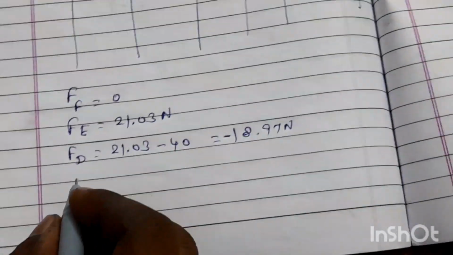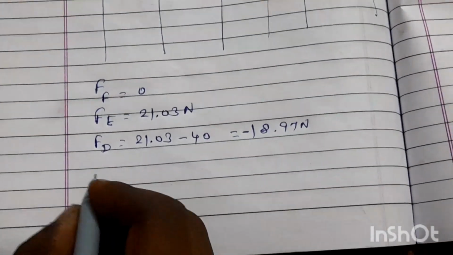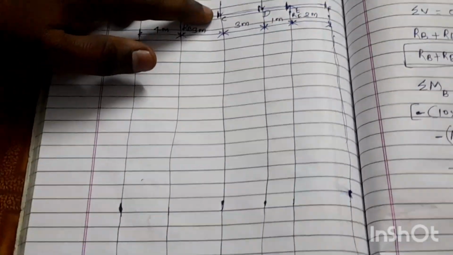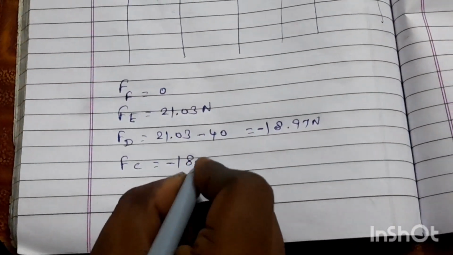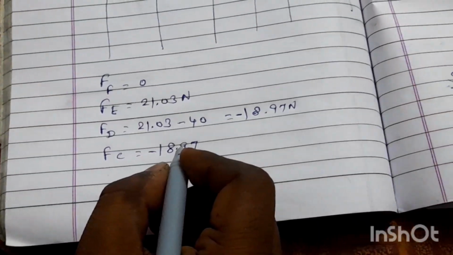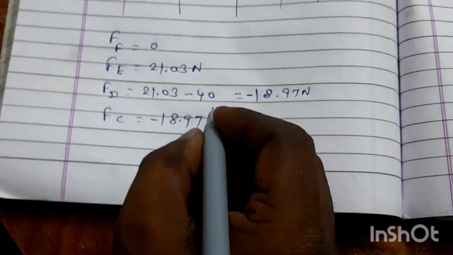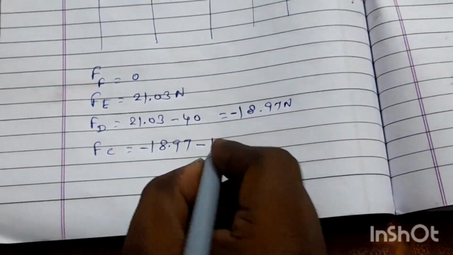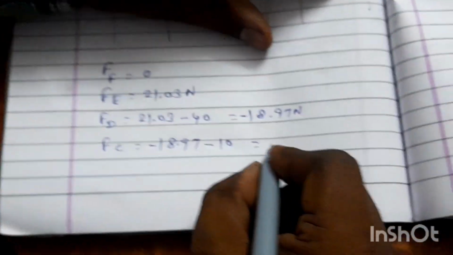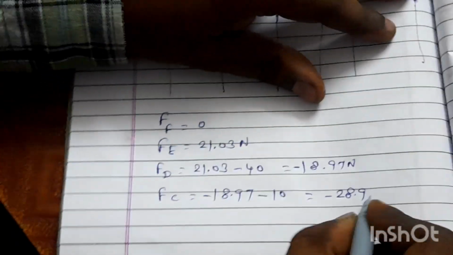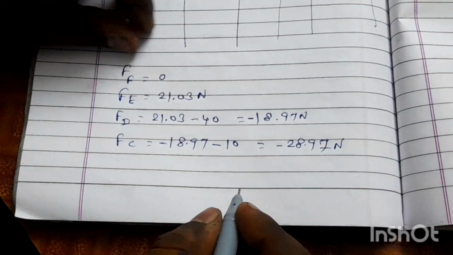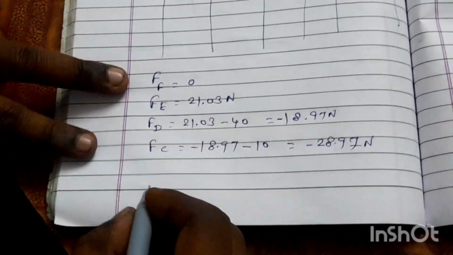And what about this C point? 18.97, and just this 10 Newton is negative value, so total it is minus 28.97 Newton.